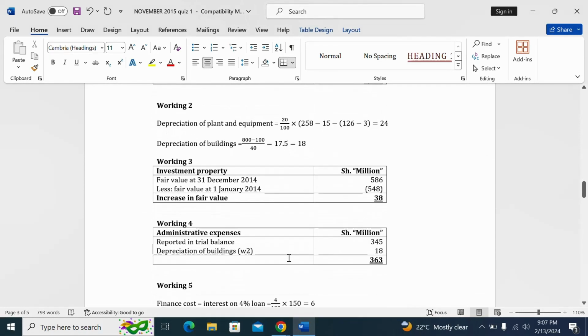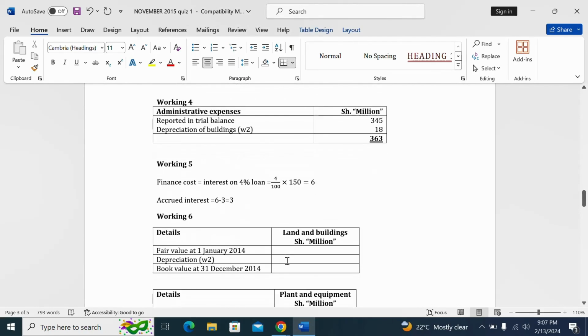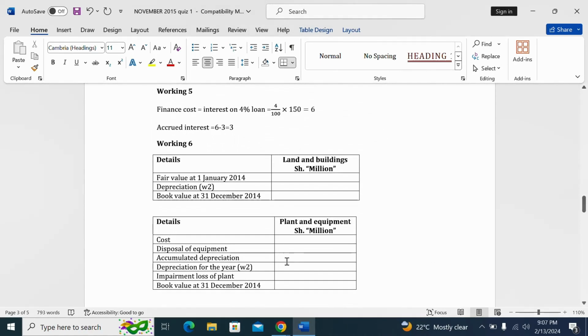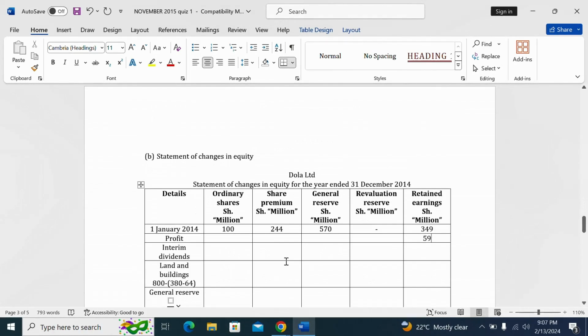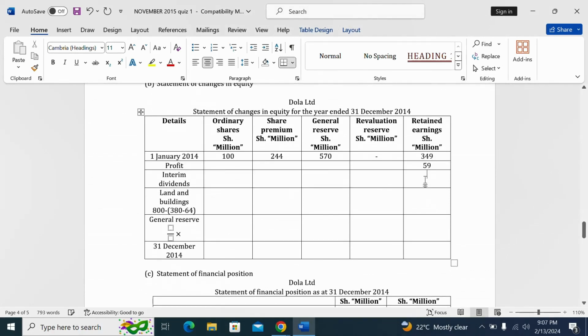And the final dividend is declared or paid at the end of the year. Therefore, I'll come here and deduct the interim dividend of 6 million.